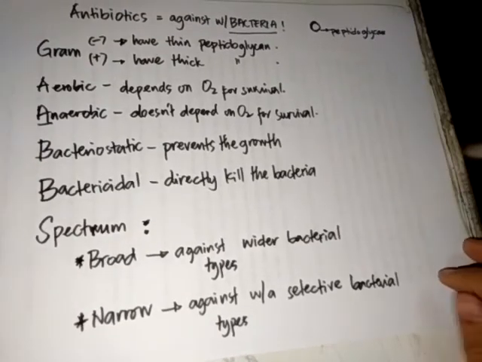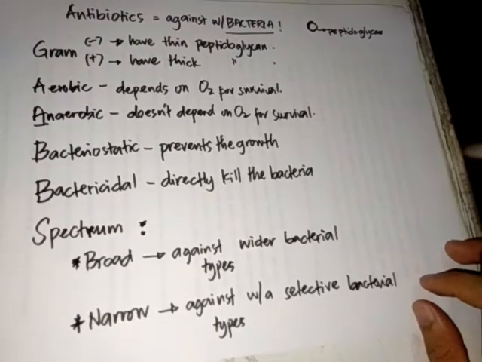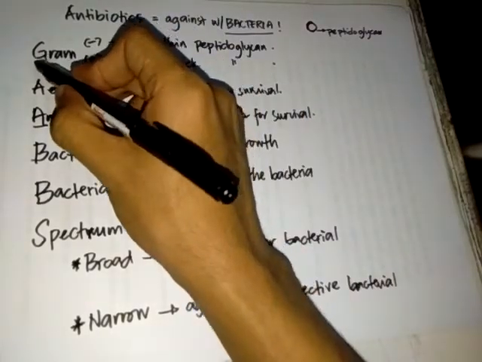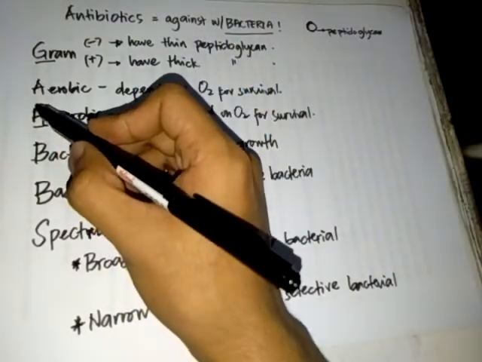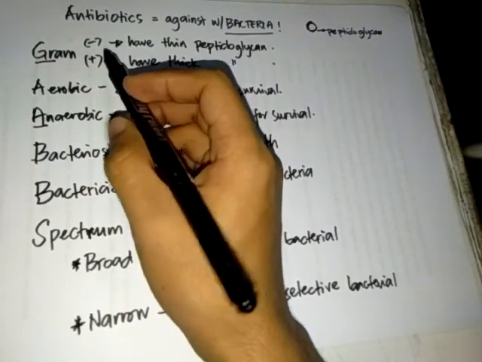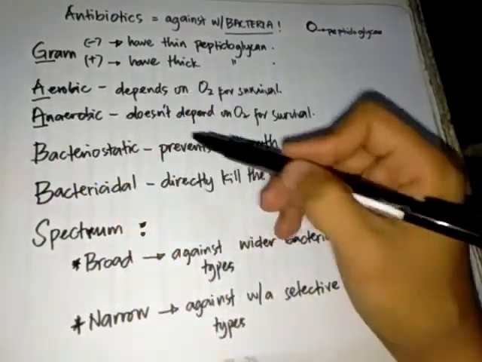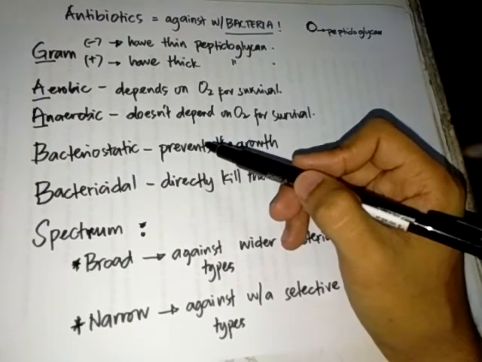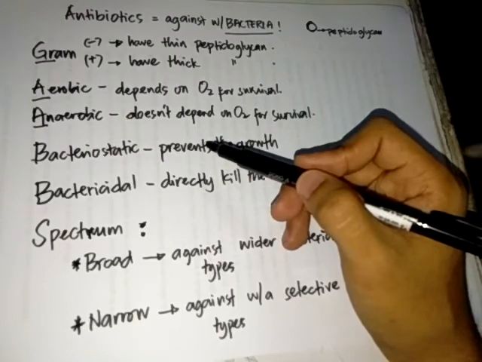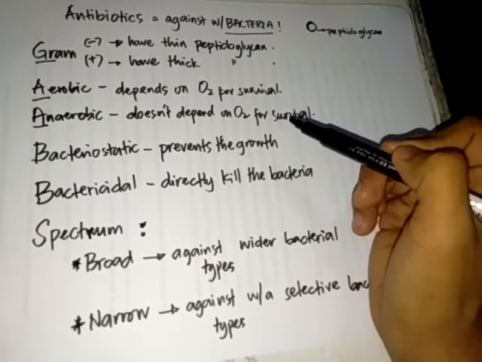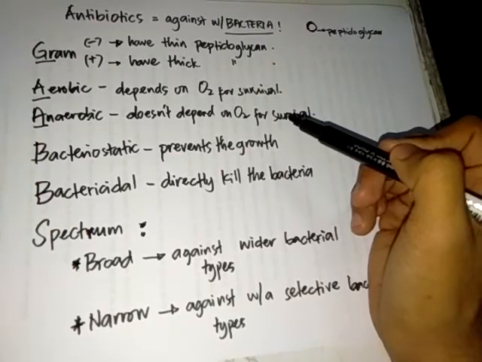So again, there are some things we need to consider, that is your GOBs. Your G stands for the gram. As I said, na meron tayong mga gram positive or gram negative, aerobic and anaerobic, those bacteria that depend on the presence of oxygen, and those anaerobic do not depend on oxygen for survival kasi the prefix an means absence.